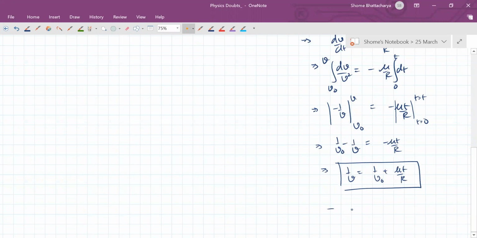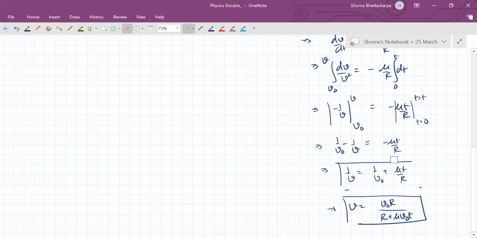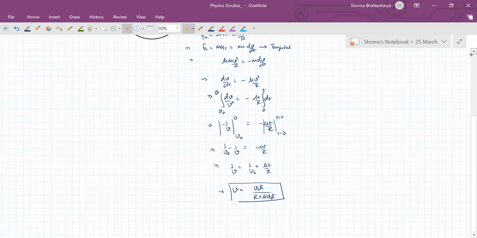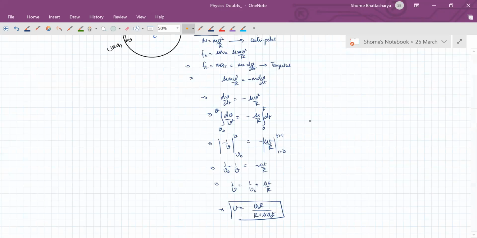So this should be your speed as a function of time. Okay, Aman, this is clear so far? Yes, sir.